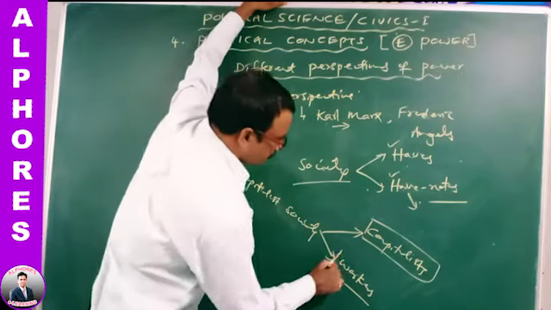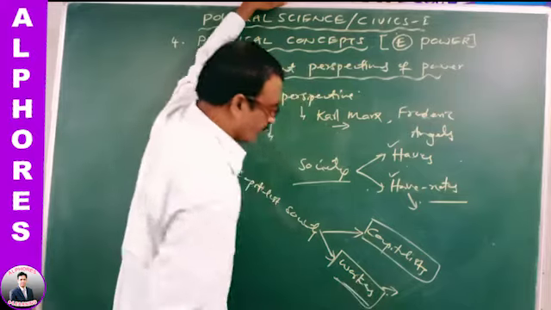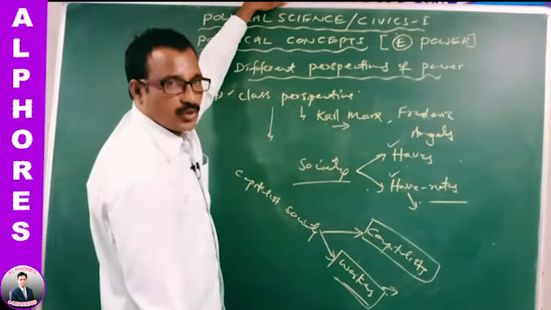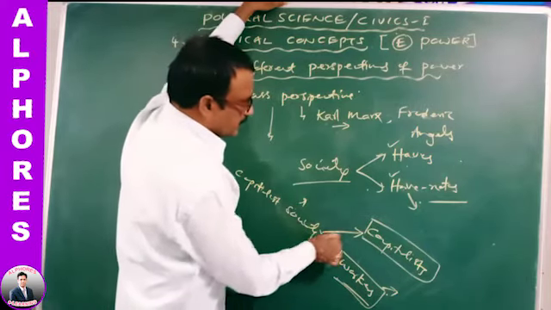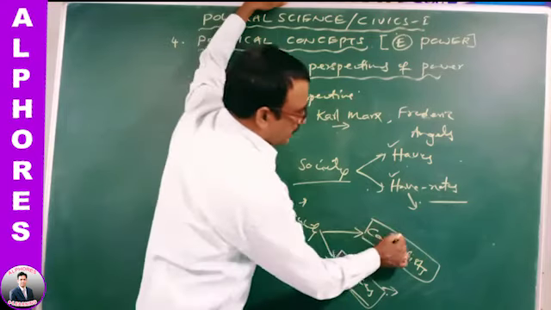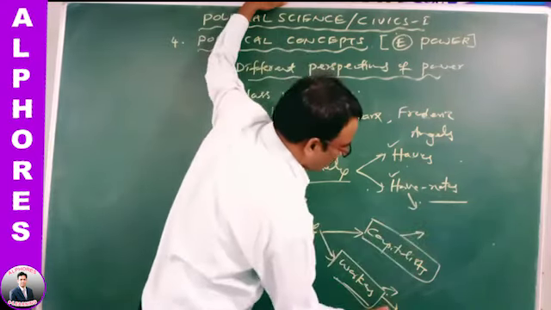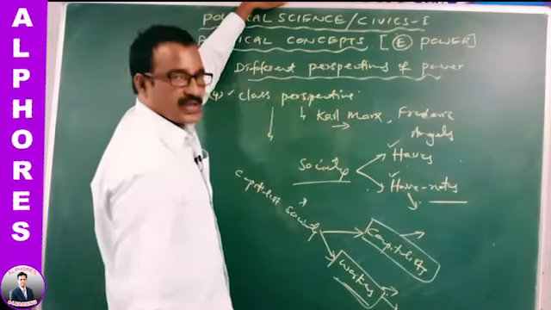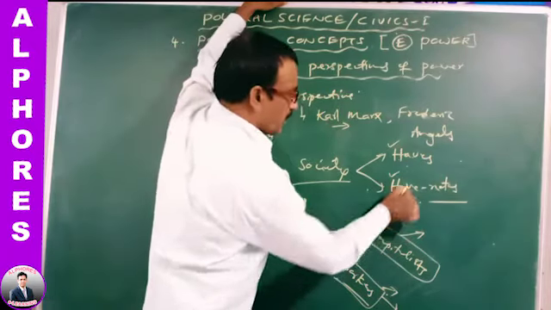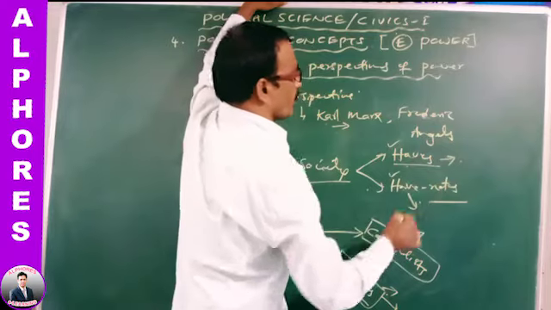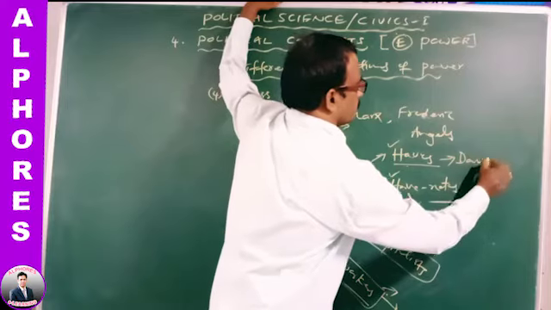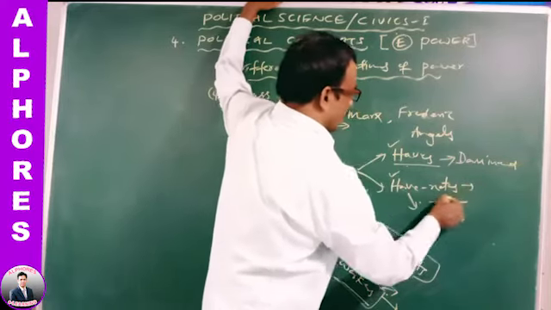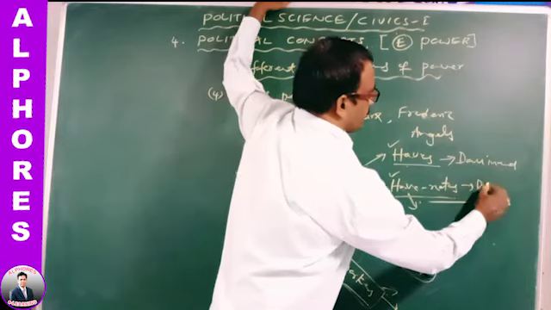Clear? But workers do not have any ownership of means of production. Hence in capitalist society, society was divided into capitalists and workers. Capitalists are the haves and workers are the have-nots. Gradually the capitalists, or haves, had become dominant, whereas have-nots had become dependent.